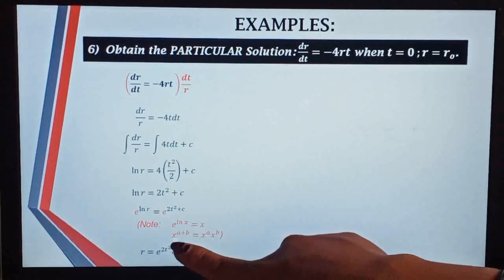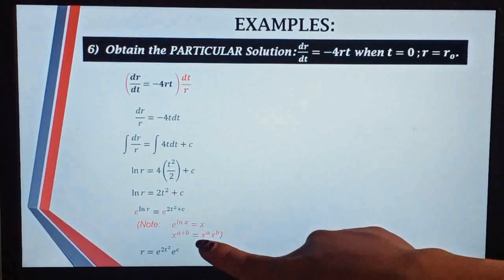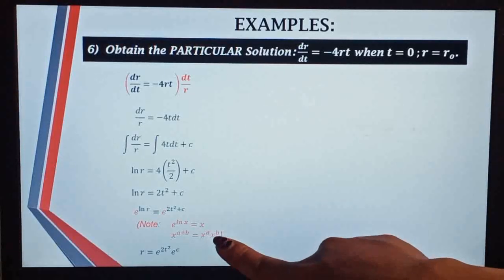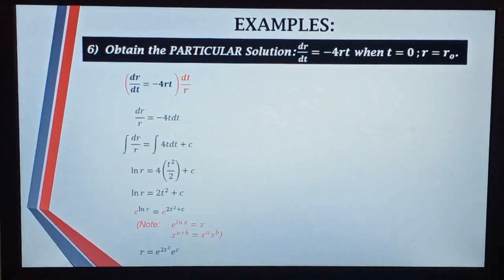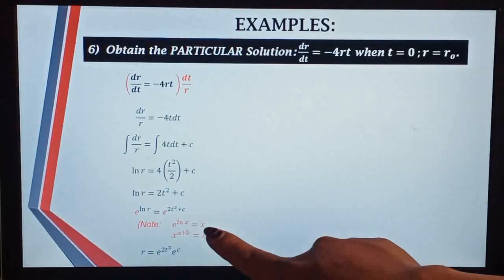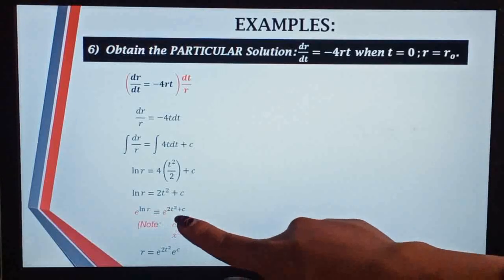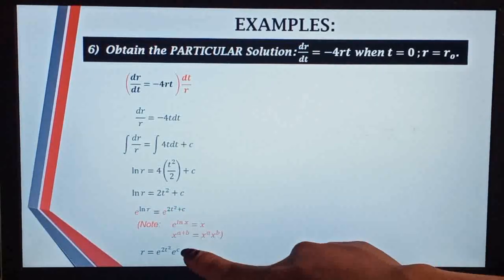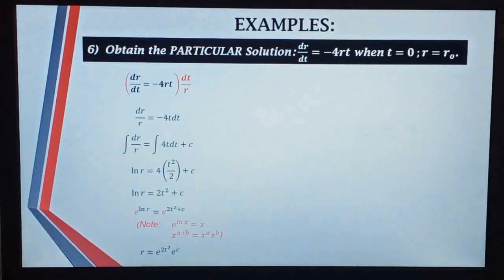Then, sa algebra, if you have the same base, let's say x raised to a, then x raised to b, this can be equivalent to x raised to a plus b. Or vice versa, if you have x raised to a plus b, can be x raised to a multiplied to x raised to b. I-apply natin siya ngayon dito sa term na to. Pag-iwalayin natin yung dalawa, so magiging e raised to 2t squared, then e raised to c.